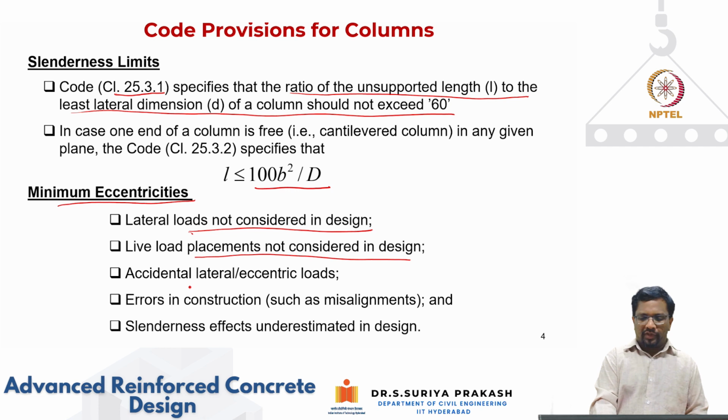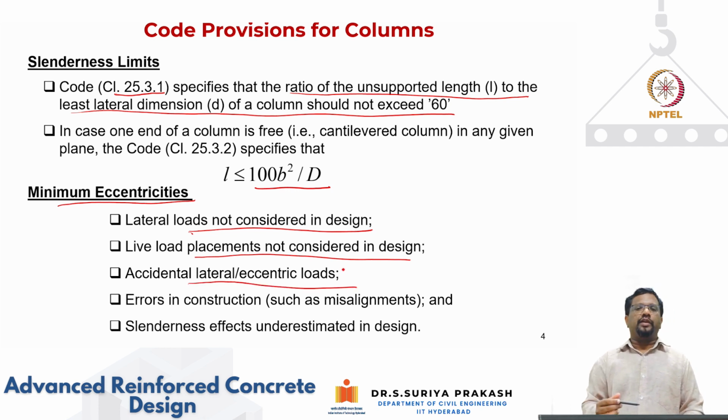And most of the time you will have some accidental lateral or eccentric loads, because though we assume that the structure will be used in a particular way, there may be temporary heavy loads kept which are eccentric to the column. So that may lead to some bending moment. So you may have accidental lateral and eccentric loads that have to be somewhat accounted for in the design process.